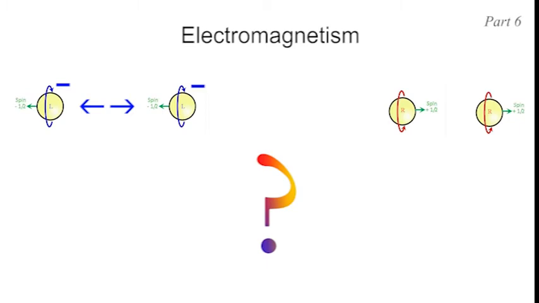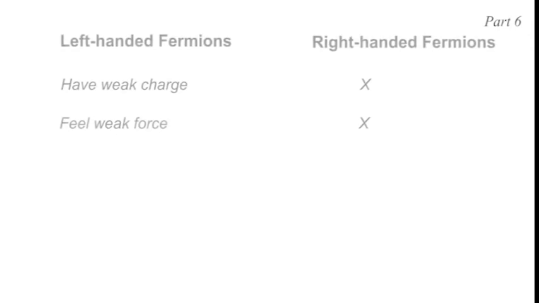Imagine saying that electrons with spin in one direction have negative electrical charge and feel the electrostatic forces between each other, but electrons with spin in the other direction are neutral and don't feel the electrostatic force. That sounds bizarre. And of course that's not the case for electromagnetism. But in a way, it is the case for the weak charge and the weak force.